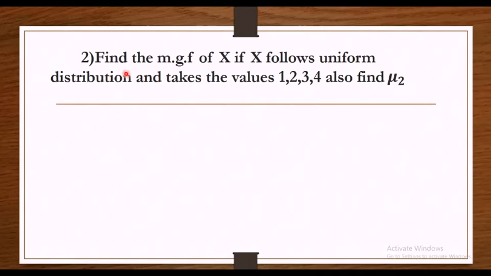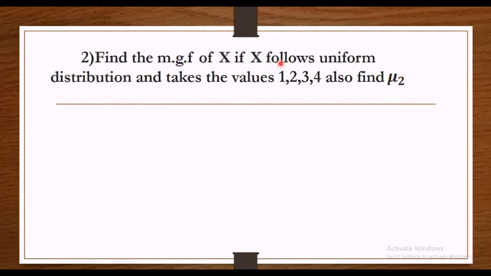In the second problem, they have asked you to find the MGF of x, if x follows a uniform distribution and takes the values 1, 2, 3 and 4, and you are also asked to find mu2. Okay, now let's break down this question.